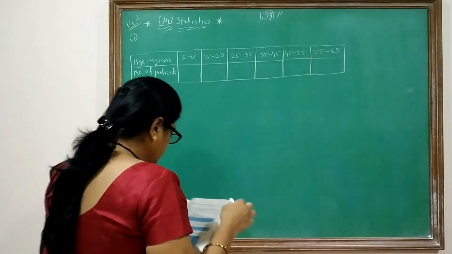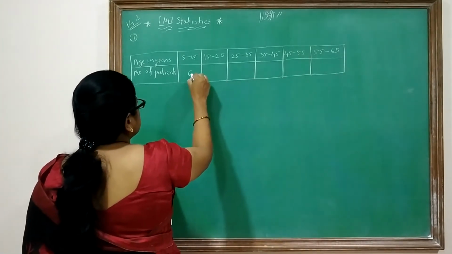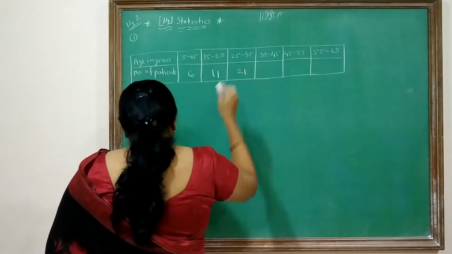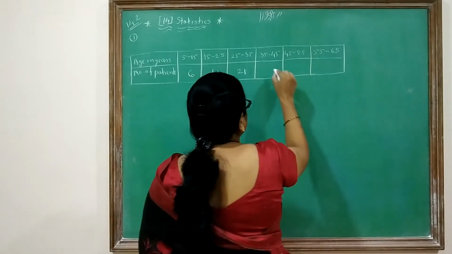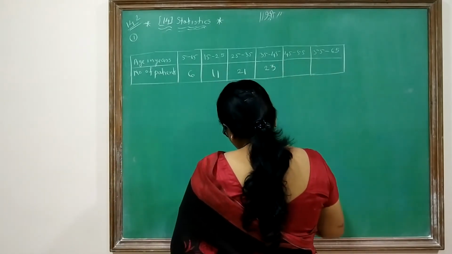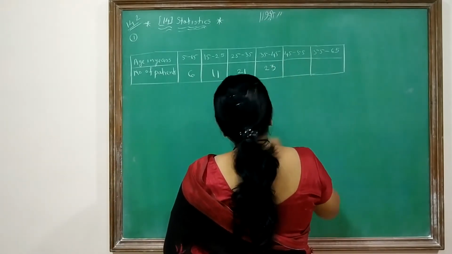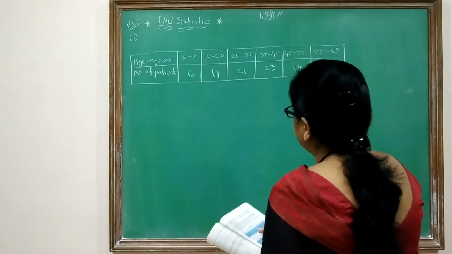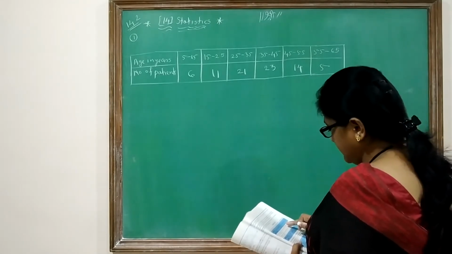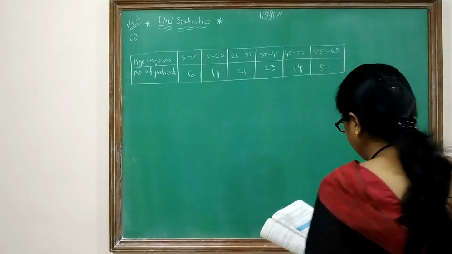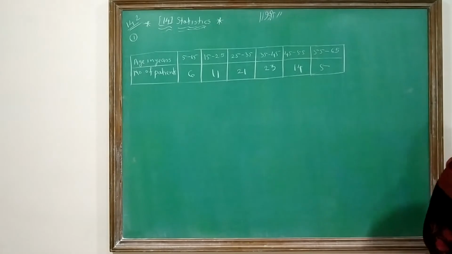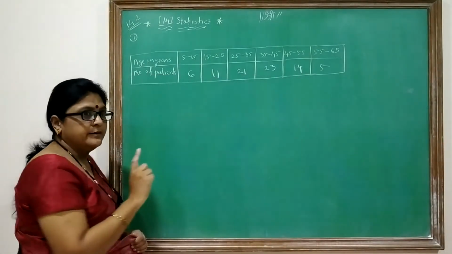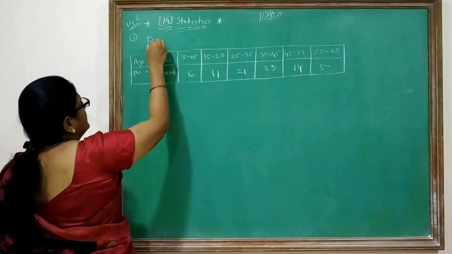And here the numbers of patients are 6, 11, 21, 23, 14, and 5. Then this table is given and we have to find the mode.